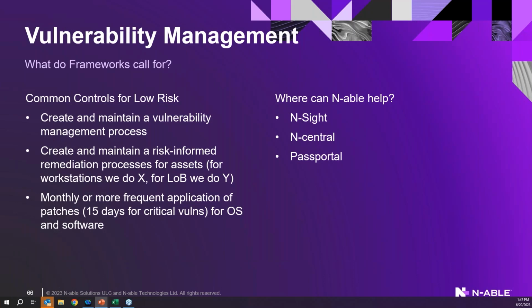Those low risk controls that are common, back to create and maintain, they want to see documentation on a vulnerability management process. Having remediation processes that are risk informed. So not just that we apply patches, but that we evaluate a patch, and if it is critical, we apply it within 15 days. If it's not critical, we'll apply it within the month.